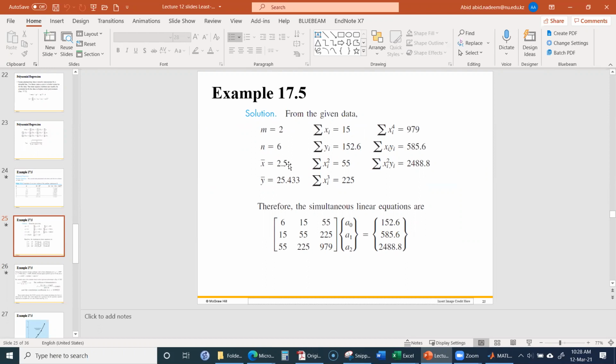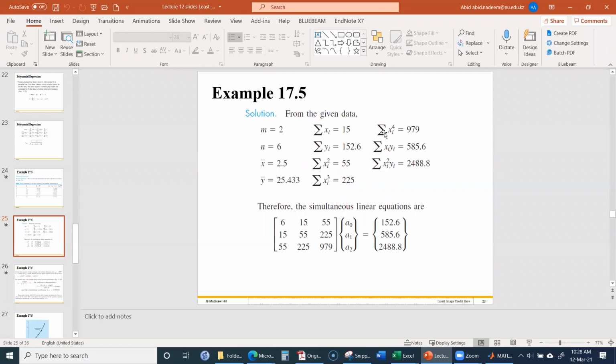X bar is the average value of x that we will need for the error calculations. Y bar is the average value of y. For the calculation of the coefficients, we need the sum of the x values, the sum of the y values, the sum of the x square values, the sum of the x cube values, the x to the power 4 values, the xy sum, and the x square y sum.